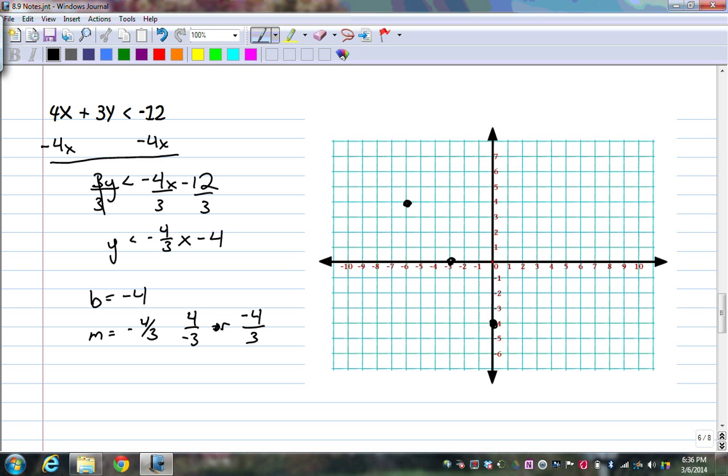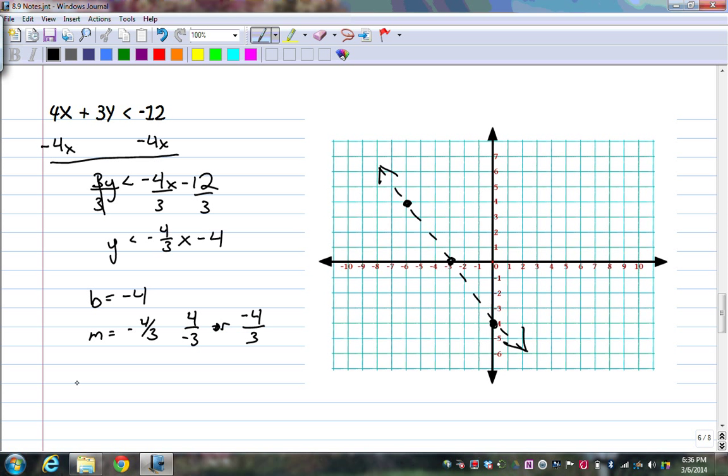Now, if you look at this one, it's a less than, so I'm going to make a dashed line like this. And think about where numbers are, if I were to draw a shaded region, this goes to positive numbers, so that would be a greater than. It's probably going to be down here, I bet. But we'll know for sure if we pick that wonderful point 0, 0.